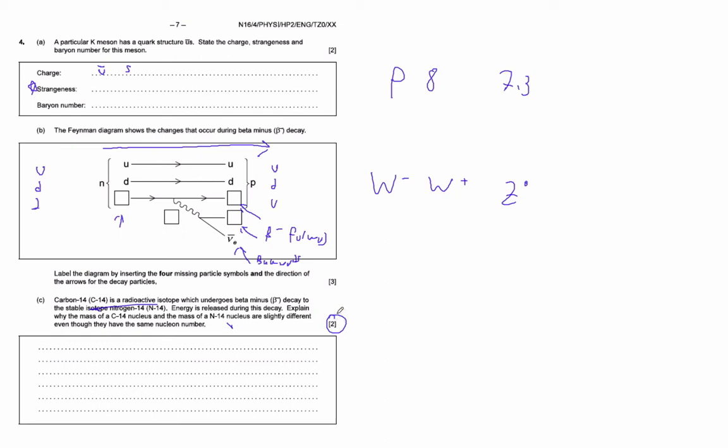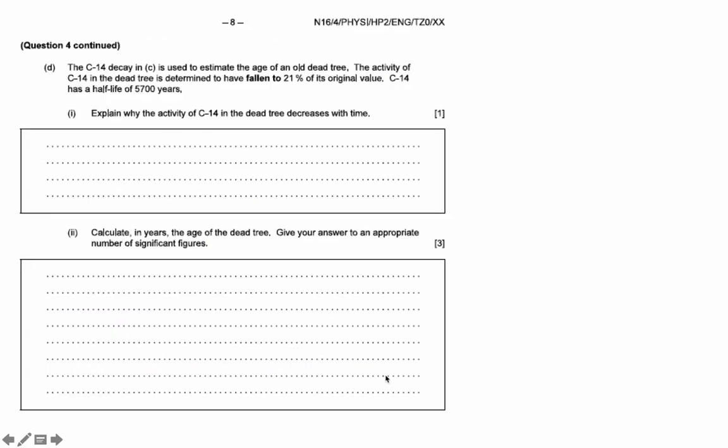When energy is released, you would predict the nitrogen-14 is less massive. You've also created a beta minus, an actual electron, from pure energy, so you're going to be less by the mass of that beta minus. You're also going to be less by the energy that's released.